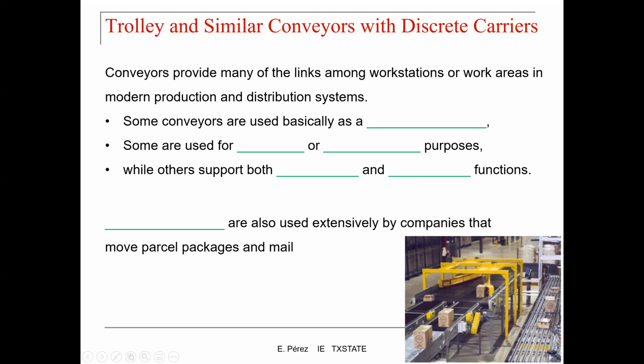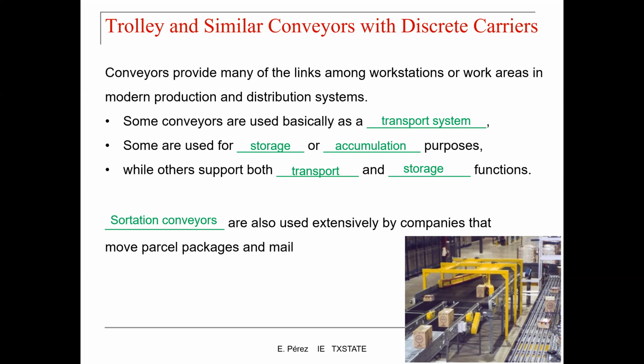Conveyors provide many of the links among workstations or work areas in modern production and distribution systems. Some conveyors are used basically as a transport system. Some are used for storage or accumulation purposes, while others support both transport and storage functions.